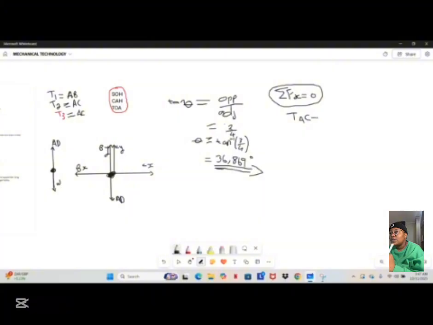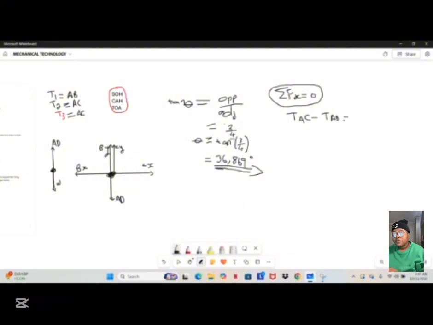Okay, so we are here now. We know that the formula for calculating the horizontal component is F cos of theta.